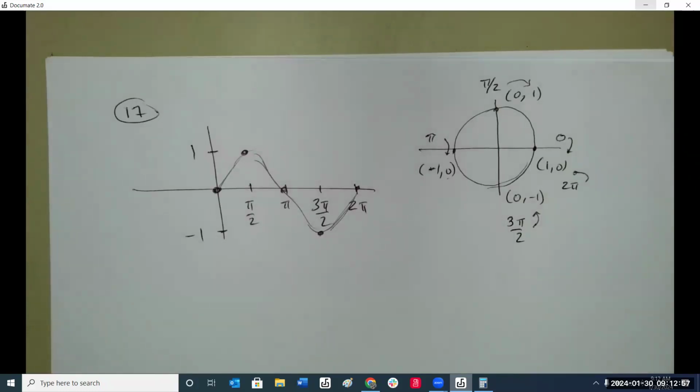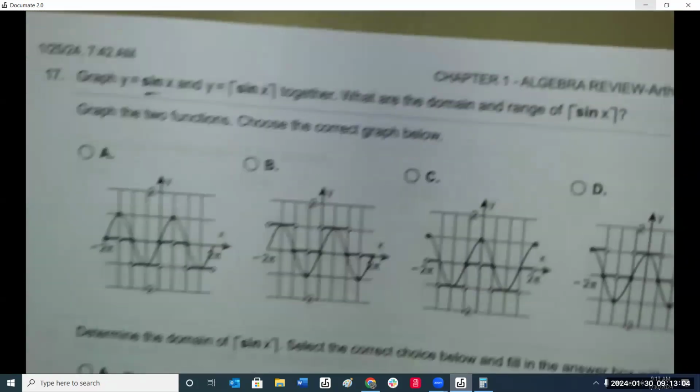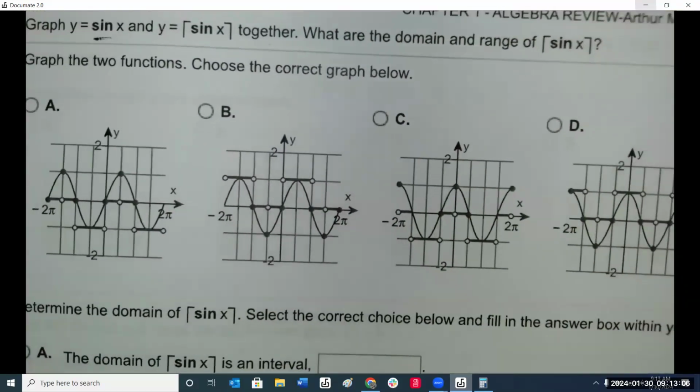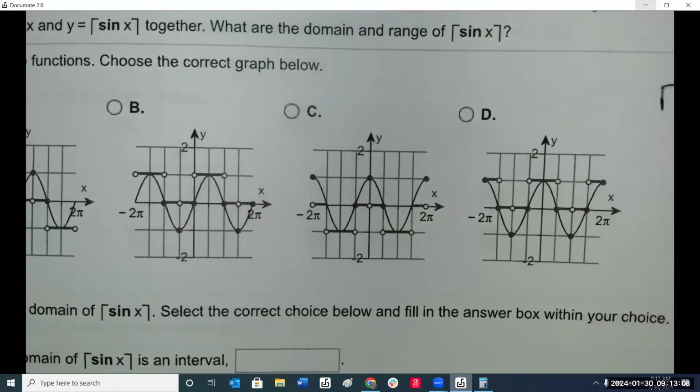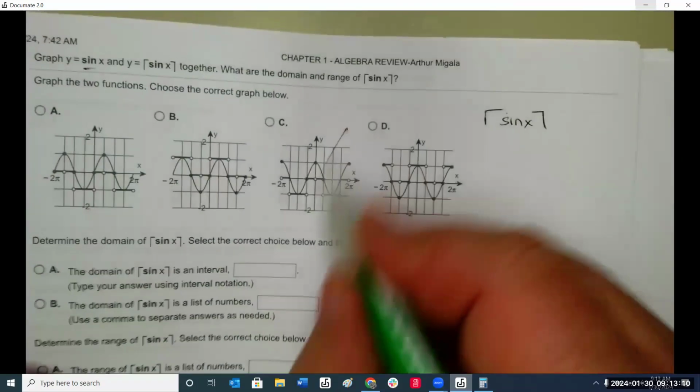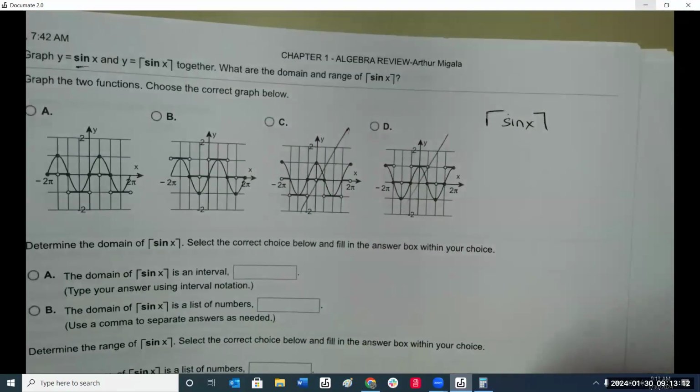Let's see what the difference of those are. Oh, that's why. So which ones can it not be? It cannot be C and D because that's the cosine function.